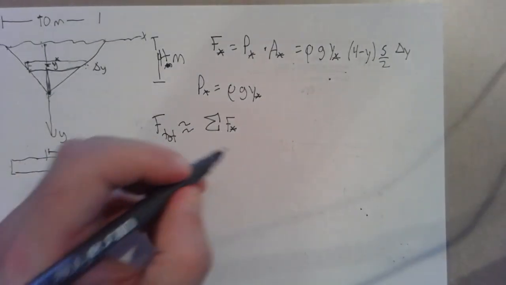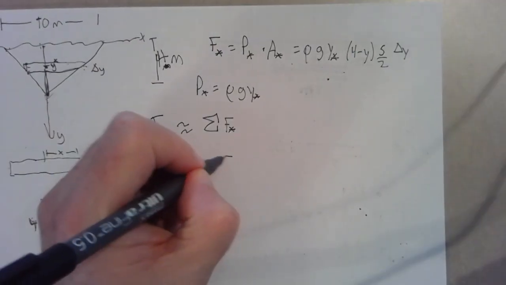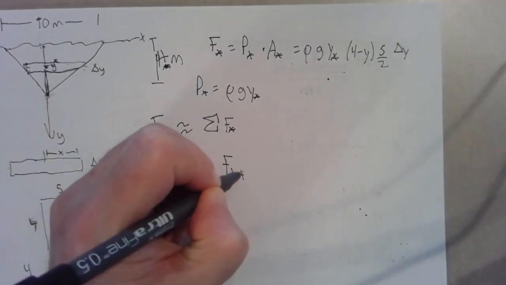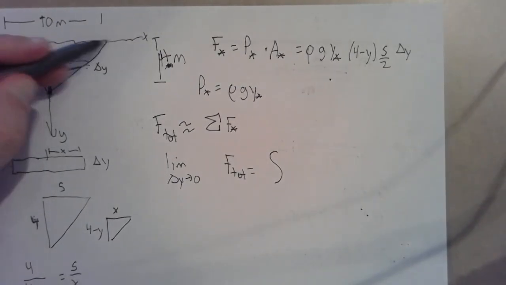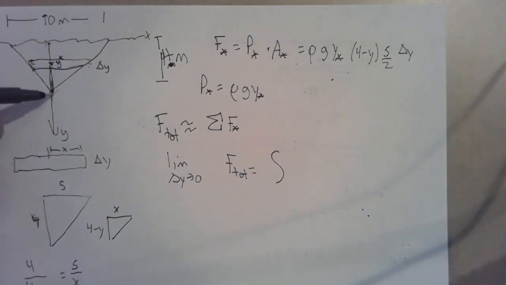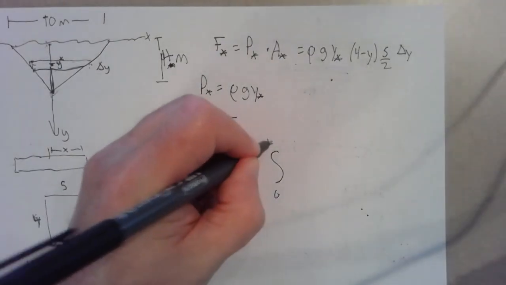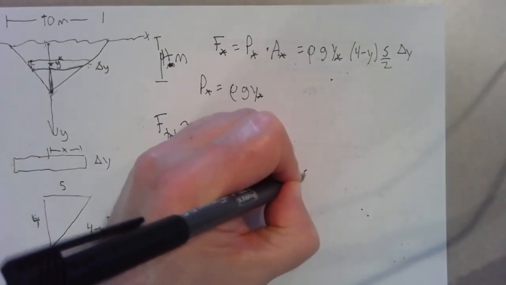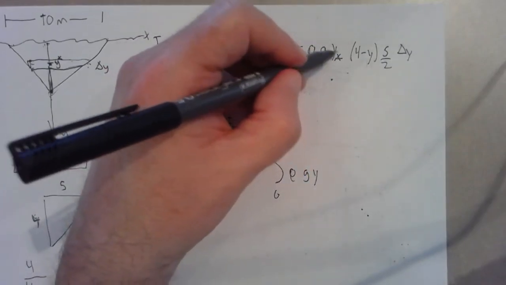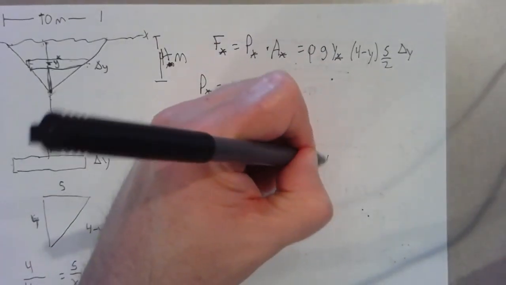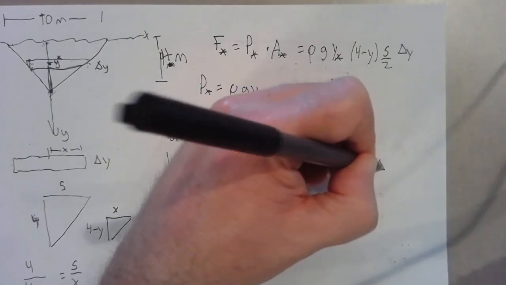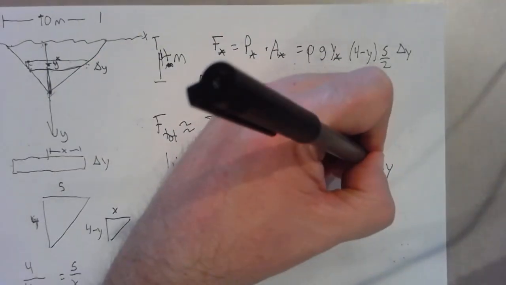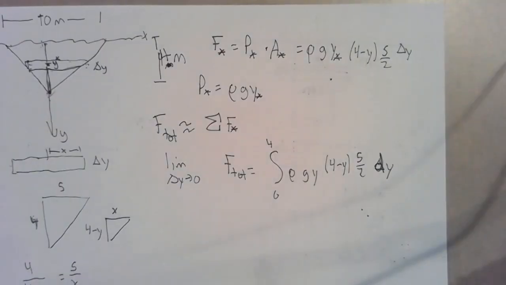The sum becomes an integral, and we get F total equals the integral from smallest y to biggest y. This was y equals 0, that's the x-axis. This is y equals 4 of rho g y, because that's our variable of integration now. 4 minus y, 5/2 delta y. Or we took the limit, delta y becomes dy.